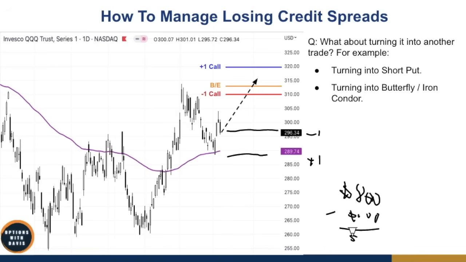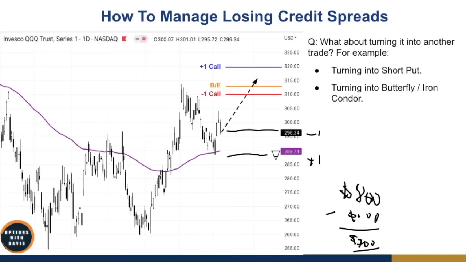Now you have turned this trade into a maximum $700 loss, because you have received credit for this, and the market can only be at one side at expiration. This too has to be the same expiration date, by the way. You want to keep it at the same expiration date so there's no messing around with different durations and timings. So when you do it this way, you reduce your maximum loss.